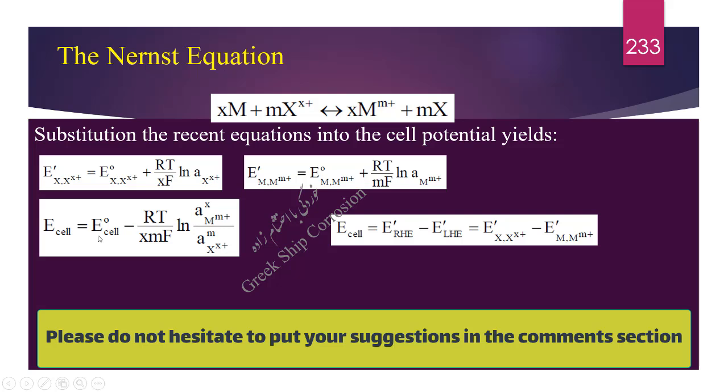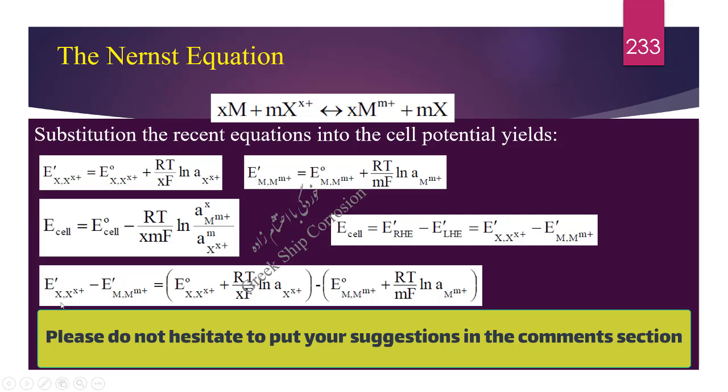E cell equals E naught cell minus RT over x times m times F ln the activity of M^(n+) to the power of x over the activity of X^(x+) to the power of m, and E cell equals E prime RHE, or right hand electrode, minus E prime left hand electrode, equals E prime X^(x+) minus E prime M^(n+).